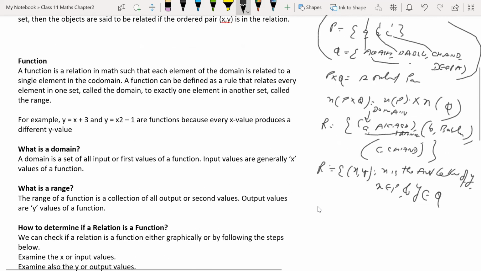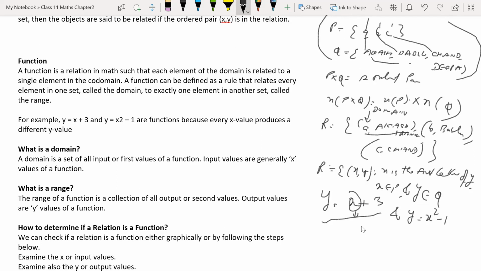We can show it with the help of examples: y is equal to x plus 3 and y is equal to x square minus 1. These are functions, because every x value produces a different y value.